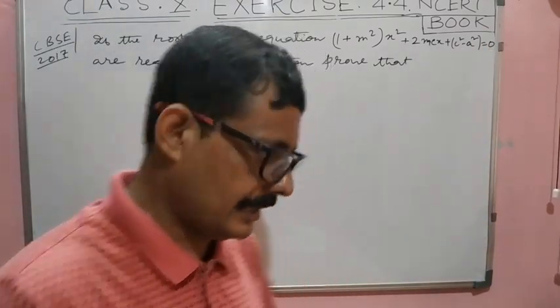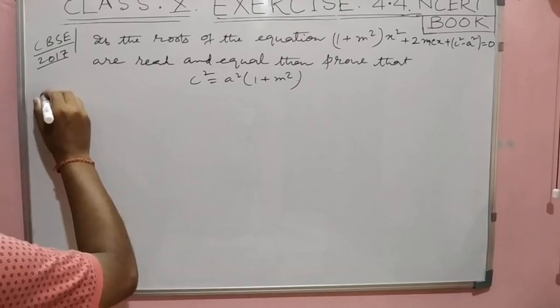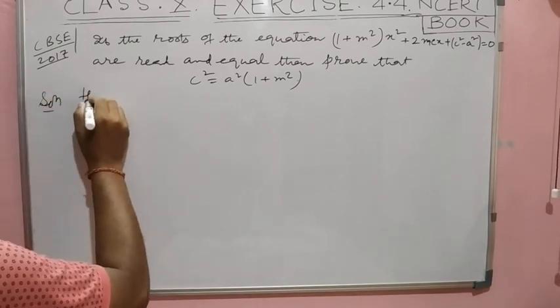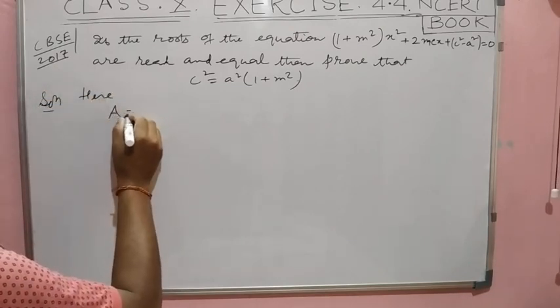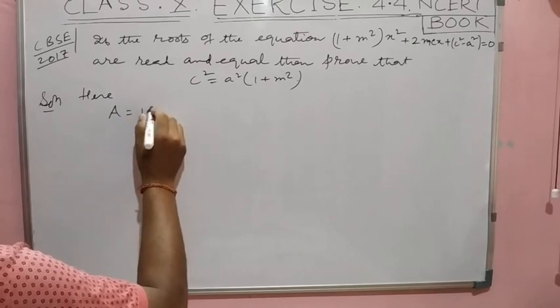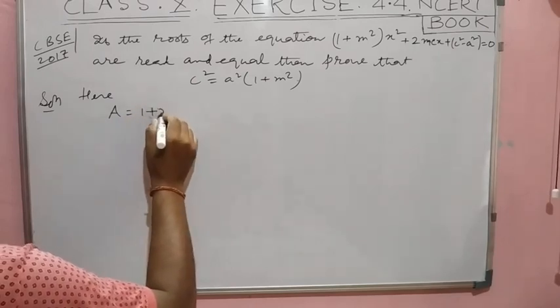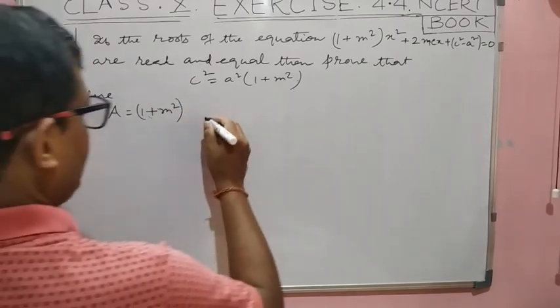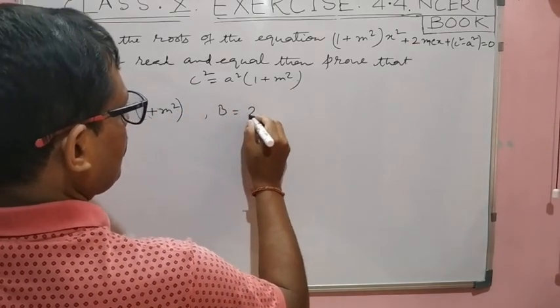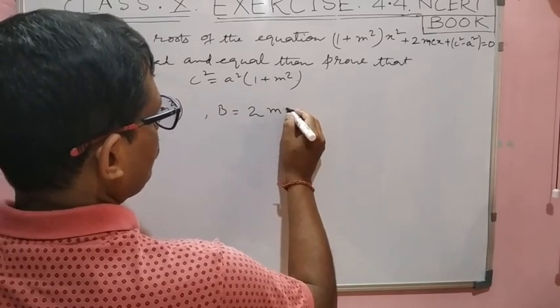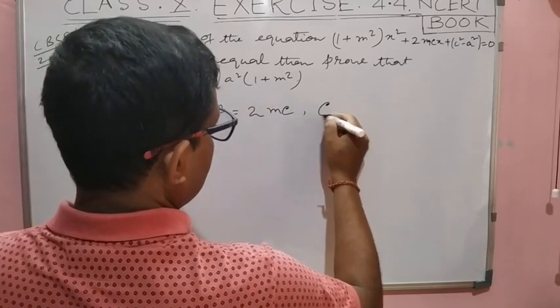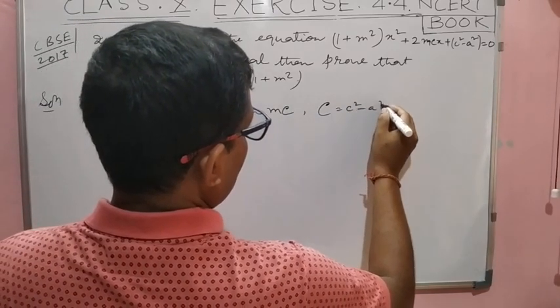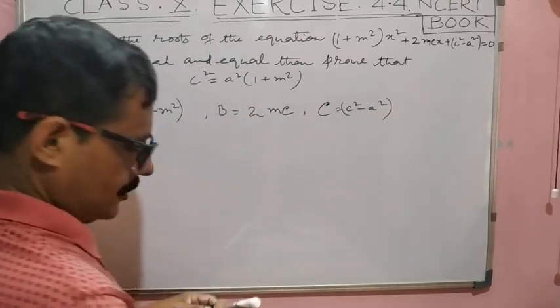So here, let's see the solution. Here, capital A equal to 1 plus m square. Capital B equal to 2mc and capital C equal to c square minus a square. Got my point?